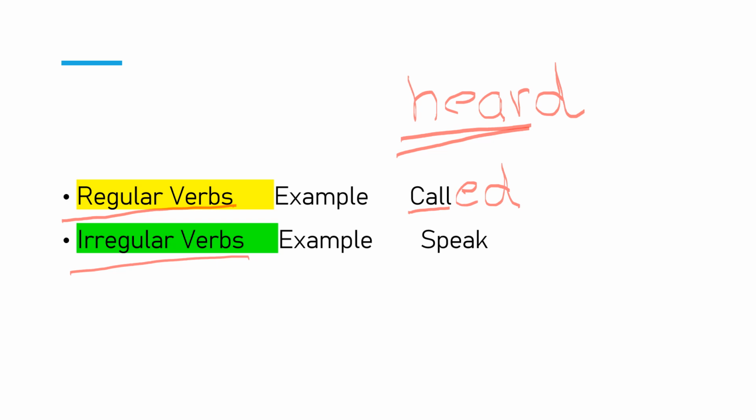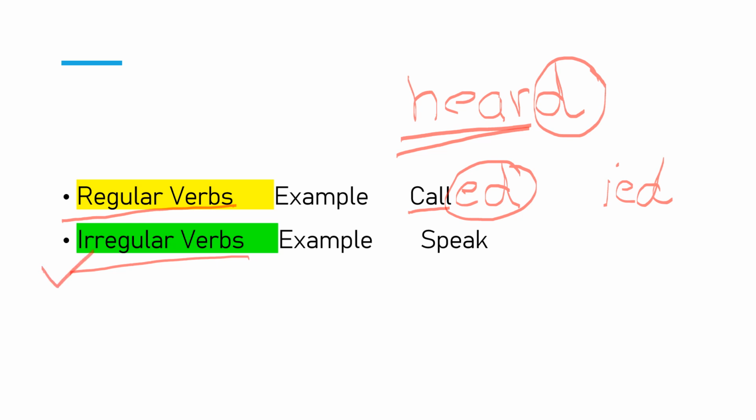What did we do? We simply added ed or d. In this lesson, we will learn the spelling rules, when we will add d, and what are the rules to add ed or ied to convert the base form of the verb into the simple past form.